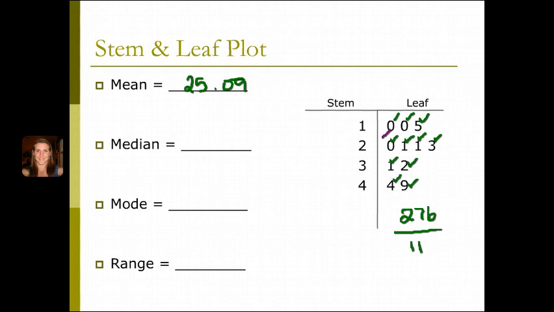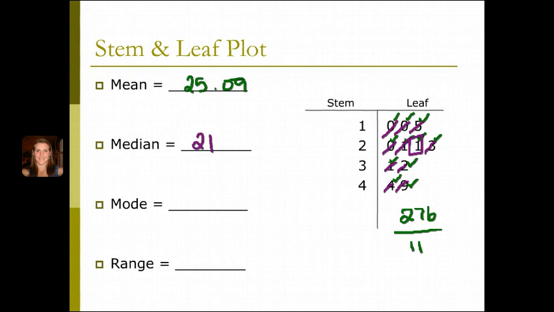So 1, 2, 3, 4, 5. So this will be our middle number. Double check. 1, 2, 3, 4, 5. So our median is going to be 21.